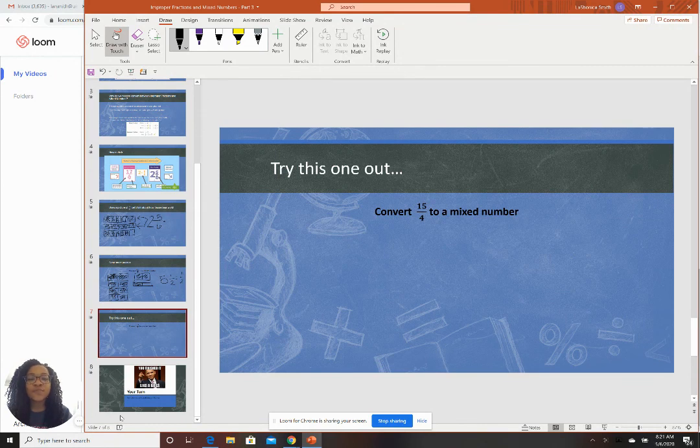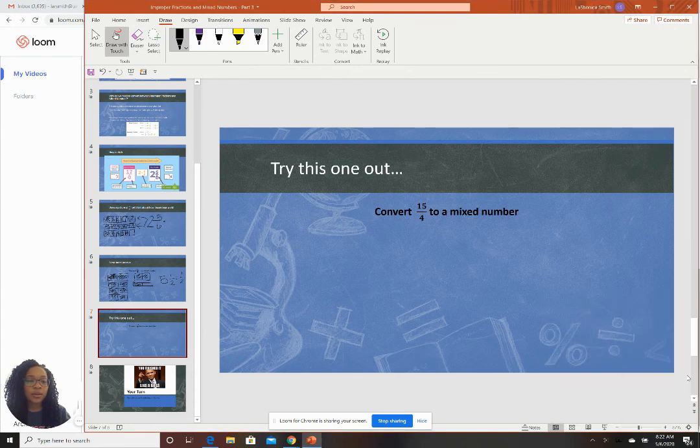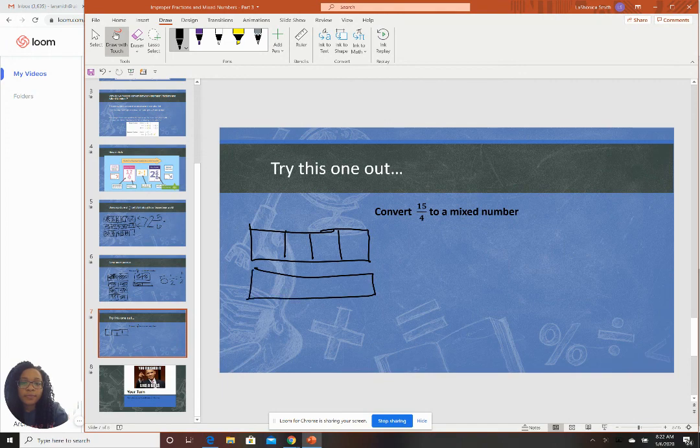Convert 15 fourths to a mixed number. All right, so hopefully you have already completed this. So I know that 4 is my whole. And if someone were to ask me, how many wholes do you have in here? I would go ahead and draw my picture. 1, 2, 3. 1, 2, 3.